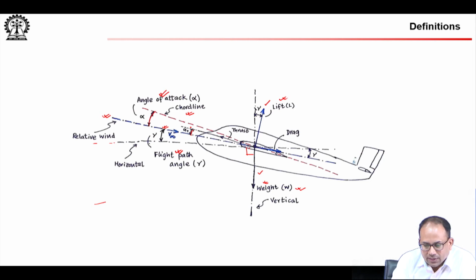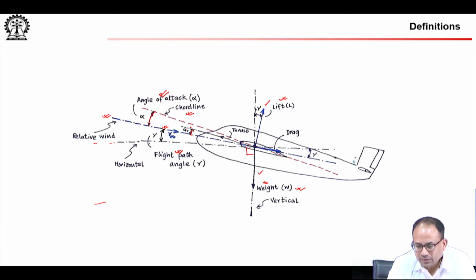All these are with respect to the relative wind direction: flight path angle is from relative wind to the horizontal, angle of attack is from relative wind to the chord line, and the thrust vector angle is from the relative wind to the direction of the thrust vector.